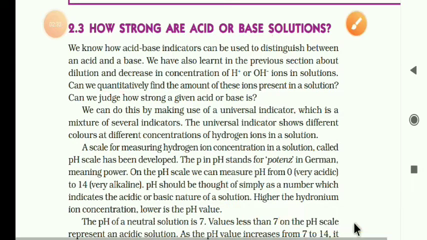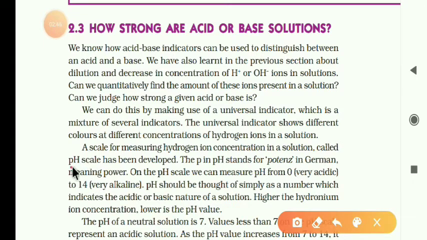A scale for measuring hydrogen ion concentration in a solution is called the pH scale. The P in pH stands for potenz, meaning power in German.